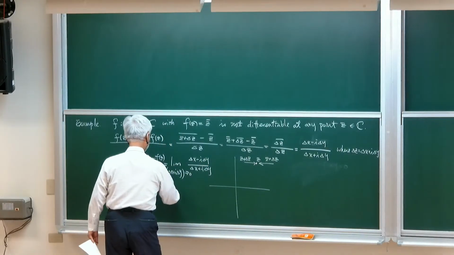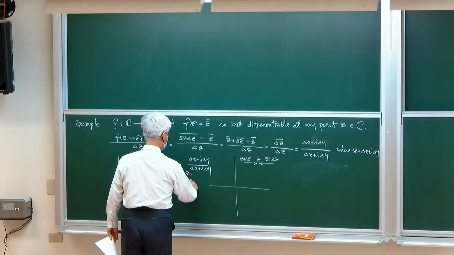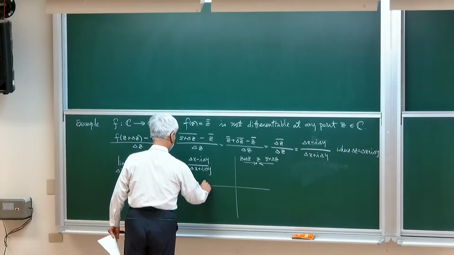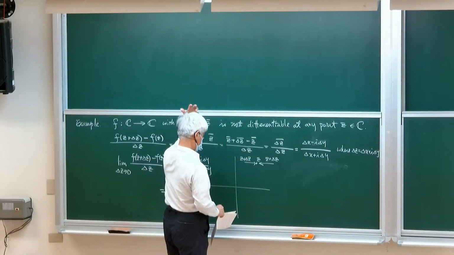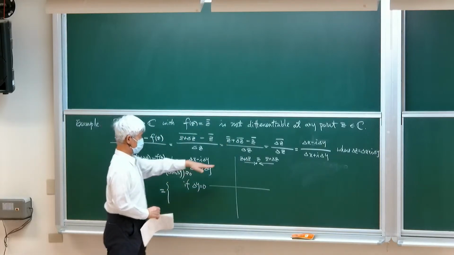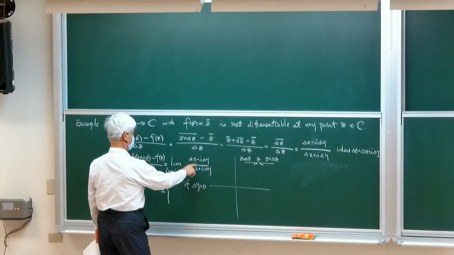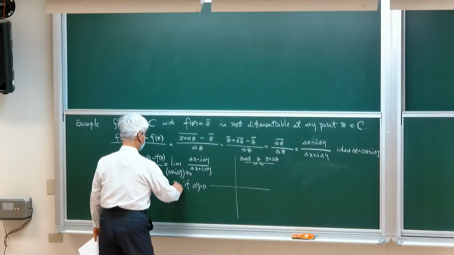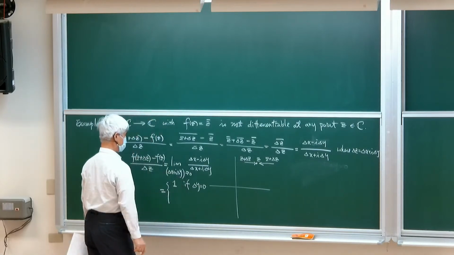We can see that if we approach z horizontally, then the ratio is equal to 1, and so the limit is 1.